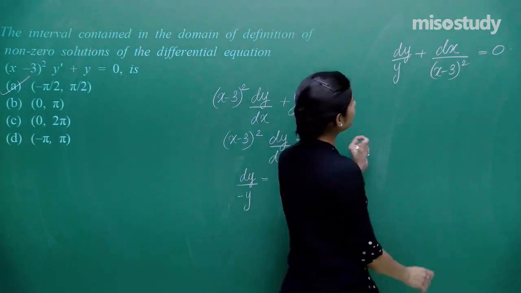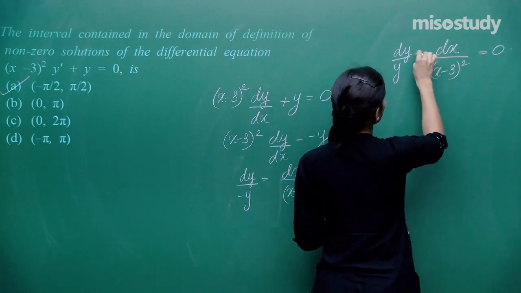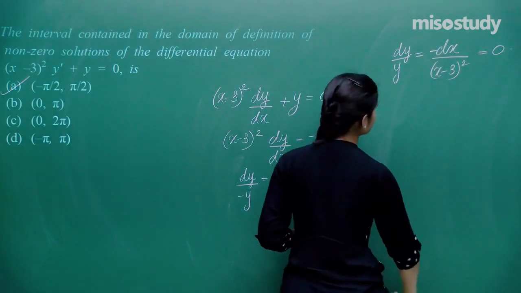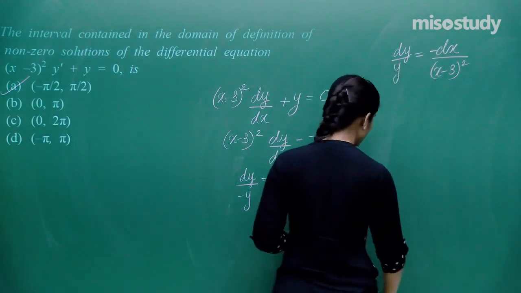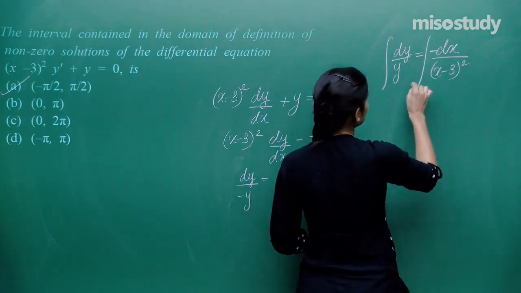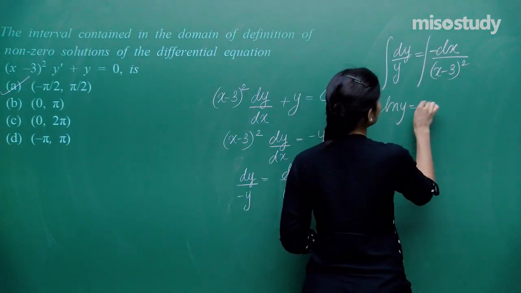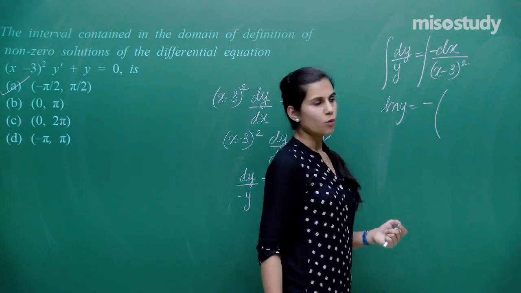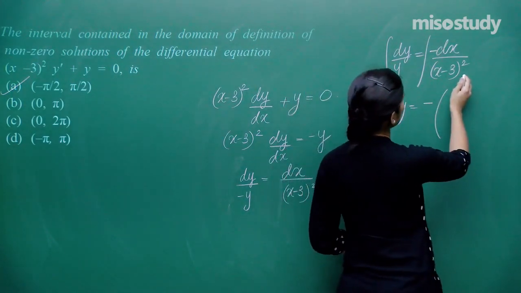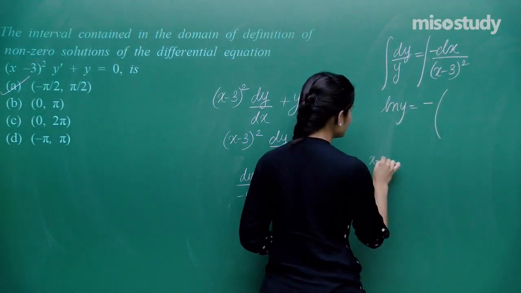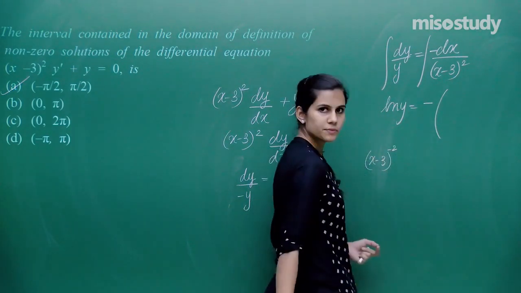So when you integrate, or even if you integrate by taking it to the other side by keeping a minus sign, what you basically get is ln y equals minus of what? What is integration of (x minus 3) whole square in the denominator? You know this is (x minus 3) to the power minus 2, right?